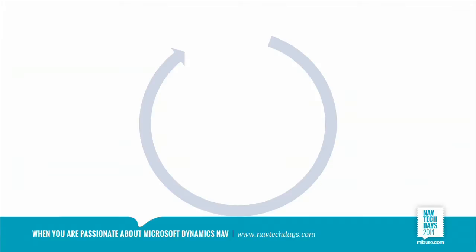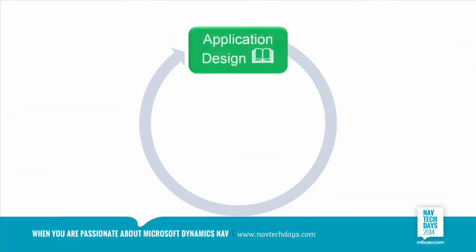Let's talk briefly about partner-ready software and the history. I like to believe that it started with me writing a book in 2010 about application design. I just updated my book for NAV 2013. It's released in September, and I will update it for NAV 2015 as well.